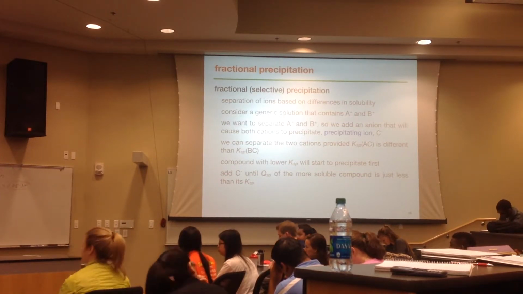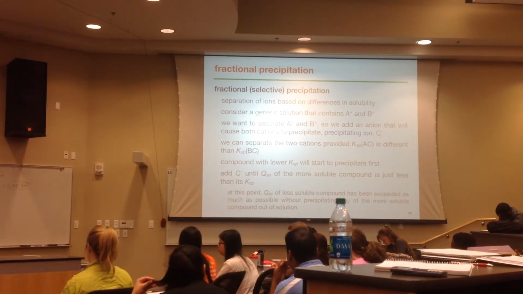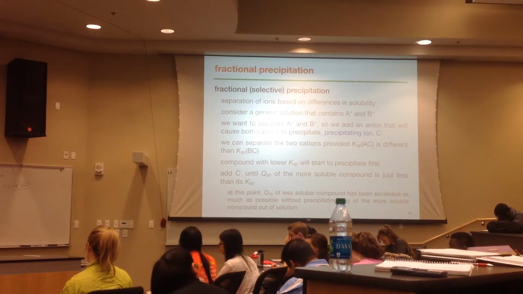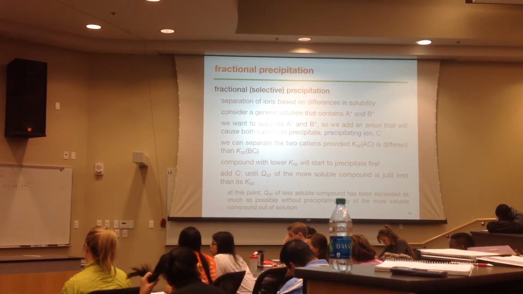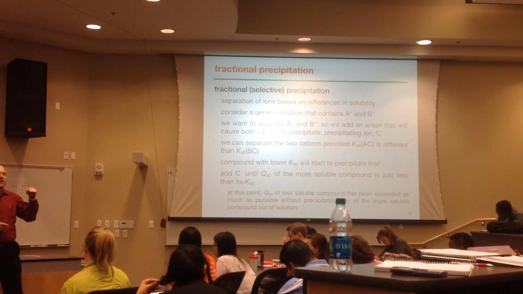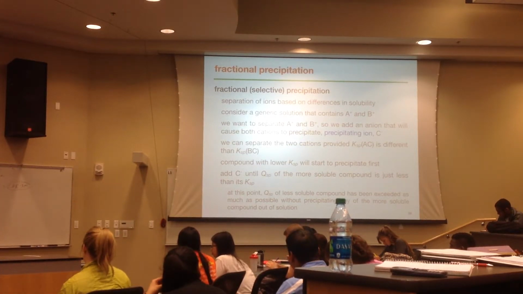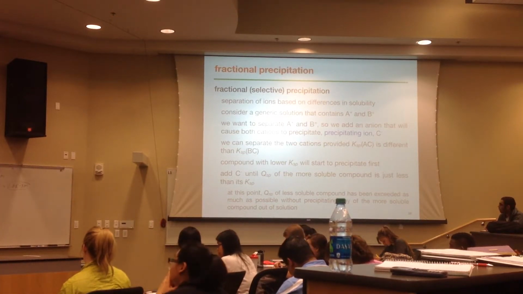All right? What that's going to allow me to do is to precipitate as much of the less soluble compound as I possibly can, at least using this particular process. Okay? Because as long as Q for the more soluble compound never reaches its K, the more soluble compound will not precipitate.